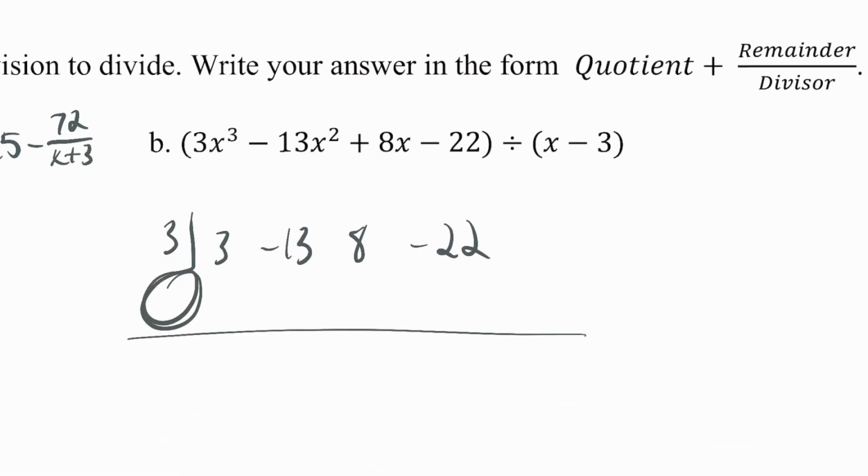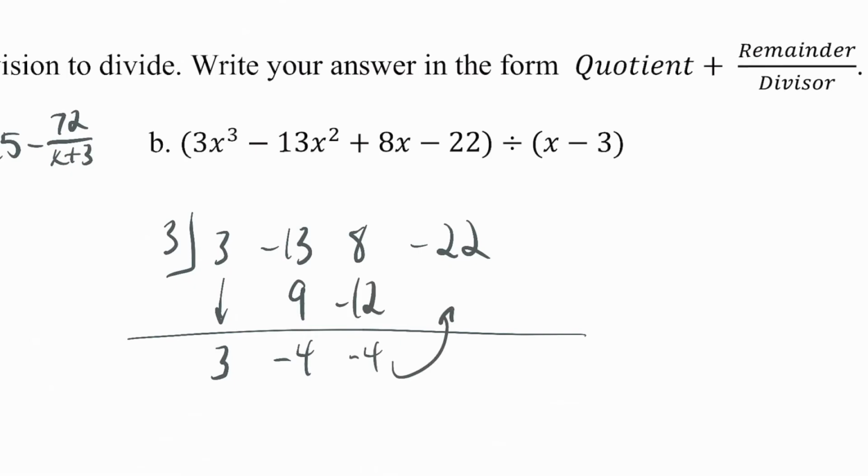There's nothing to do to the 3, so it's like you put a 0 there to start with, but I think of it as just bringing it down. Then I move this 3 over, multiplying by the box, so I get 9. Add down, move over, multiply by 3, get negative 12, add down, and then move this over, multiplying by 3, so I get negative 12 again.